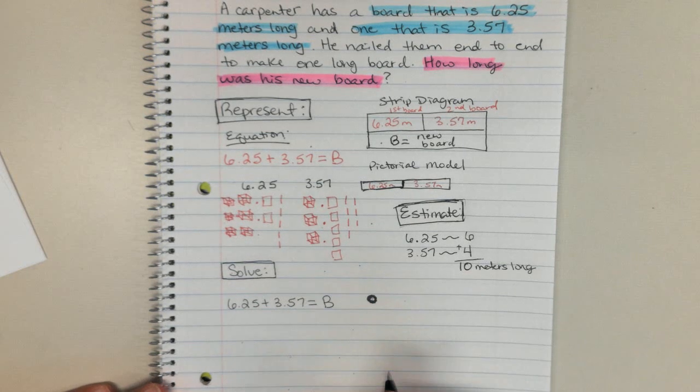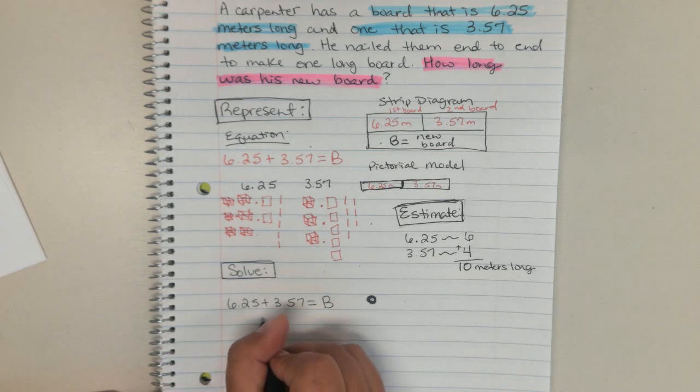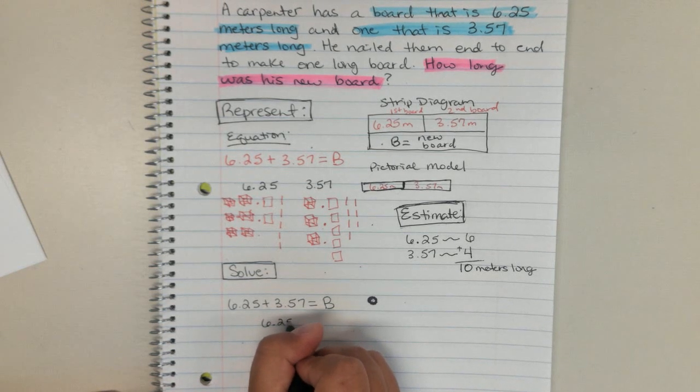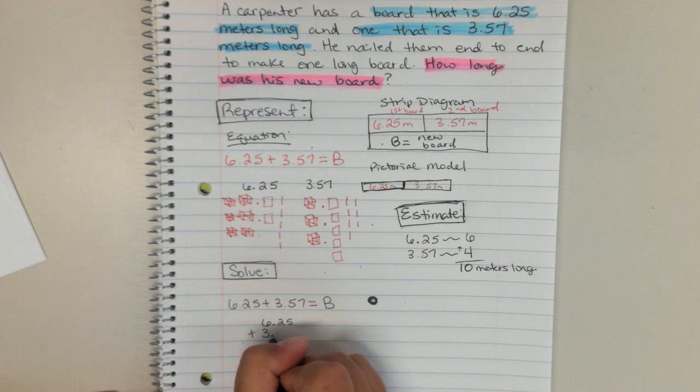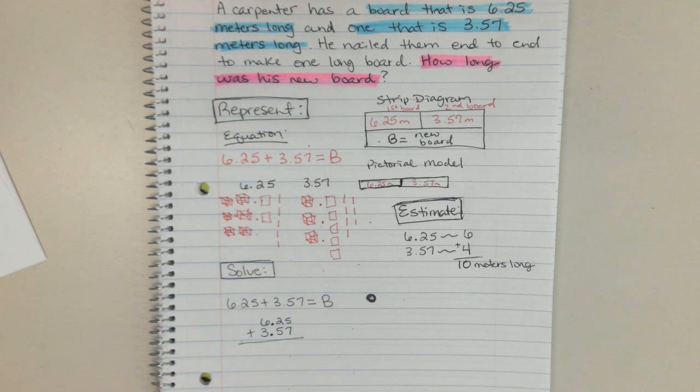I know I'm solving for B to find what the new board equals. I'm going to write it vertically so that I can add up each place value, line up my decimals, and once I line up my decimals, I know all my place values are in the correct order, and then I would start adding.